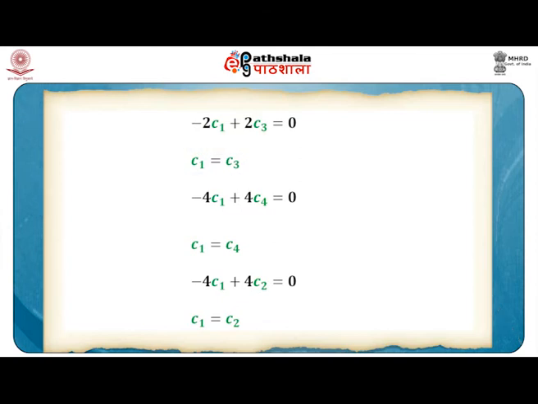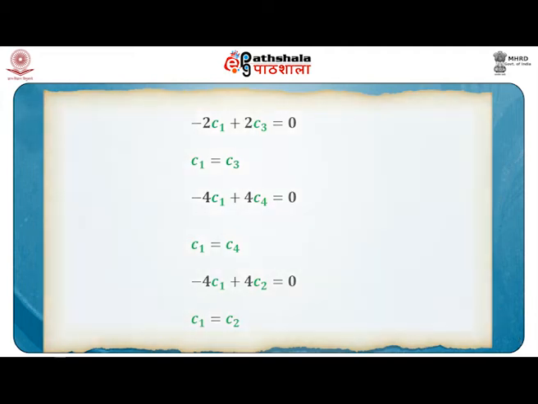Further simplification of these equations leads to C1 equal to C4. And this ultimately leads to C1 also equal to C2. That means that all the four coefficients are equal.